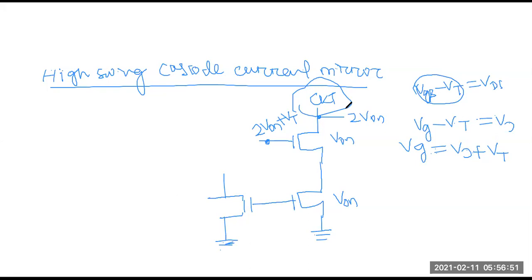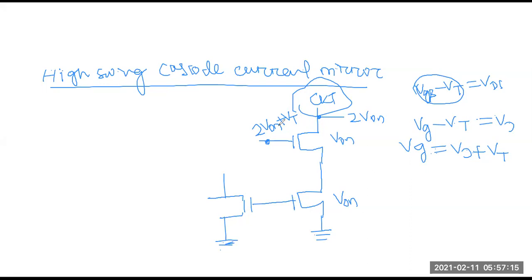Initially this voltage was 2 V on plus 2 Vt, meaning one extra Vt was there, that is 0.7 or 0.5 extra. But now this is 2 V on plus Vt. If you calculate, this is 0.5 volt, this is 0.2 volt, it's around 0.9 volt. Even with one volt, we can use this type of topology.